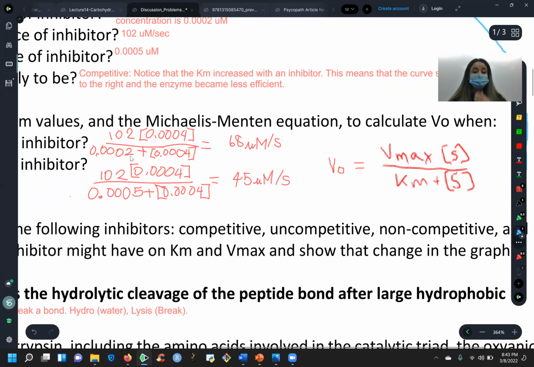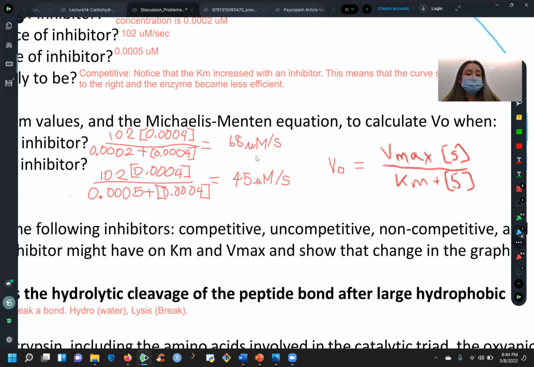So without the inhibitor, our Km was 0.0002. And then plus the substrate concentration again. Is that easy or what? Okay, so the answer is 68 micromolar per second. That's our V naught. Again, V naught is initial velocity.